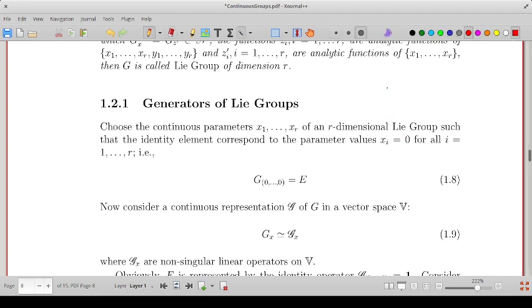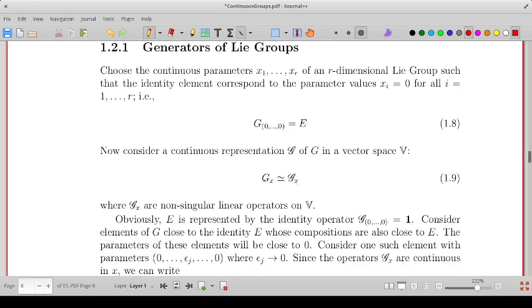So x_i equal to 0 for all i running from 1 to r, and this corresponds to the identity. So G(0, 0, etc. up to 0) is equal to the identity of the group.